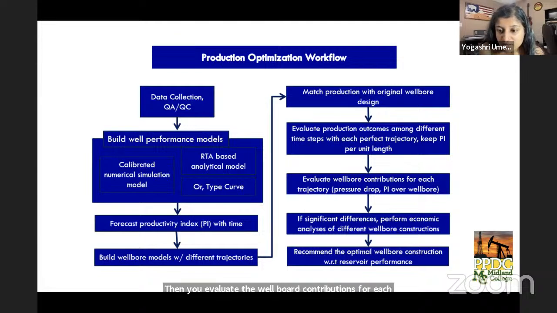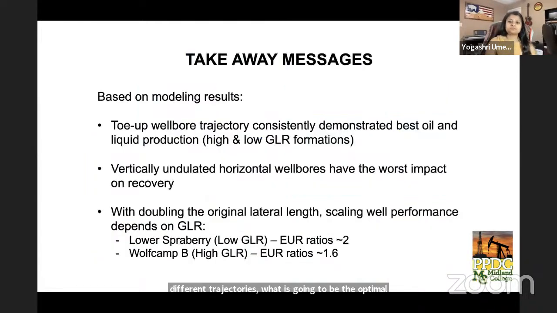If there are significant differences, you perform an economic analysis of different wellbore constructions, and then you recommend an optimal wellbore construction with respect to reservoir performance. So the left side of this workflow is very similar to the artificial lift optimization case study. The right side talks about, if we were to look at different trajectories, what the optimal EUR would be by keeping PI, or productivity index, constant.